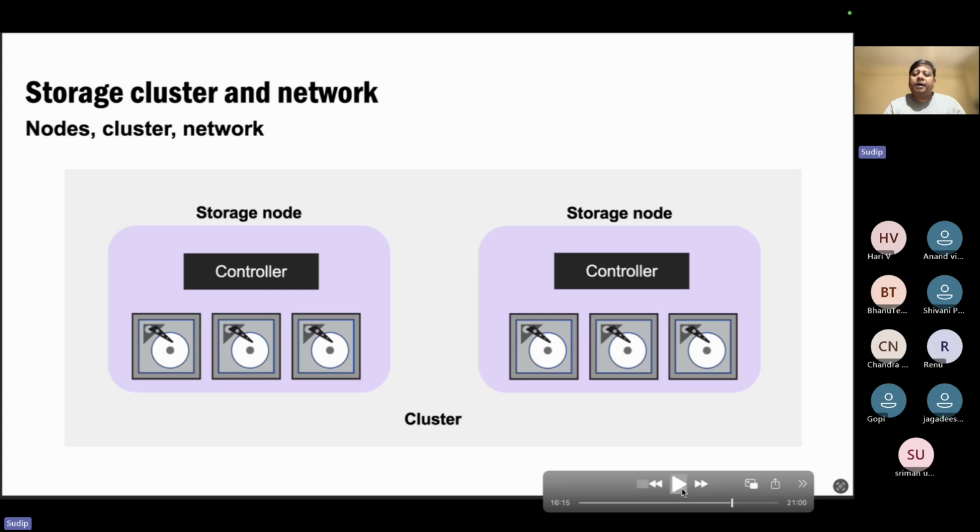But in a practical scenario, there will not always be a single controller. There will be a minimum of two controllers in an enterprise class storage system. So we have to understand now that if both the storage controllers are connected to the network, and both are accessible to the servers, how will the writing happen, and how will the reading happen?